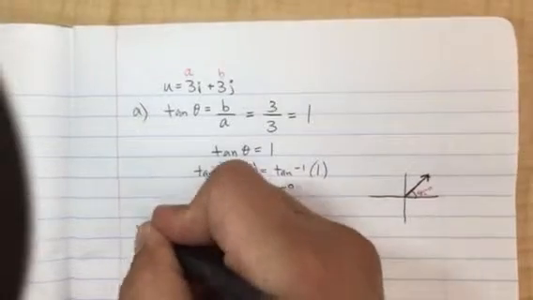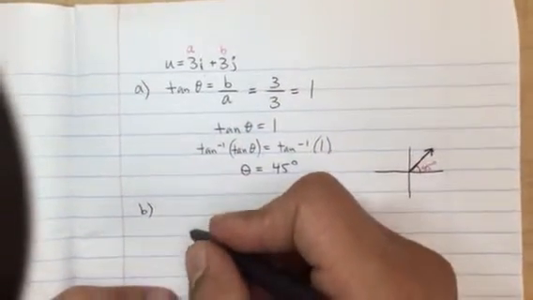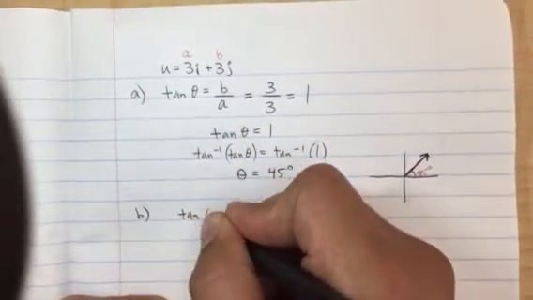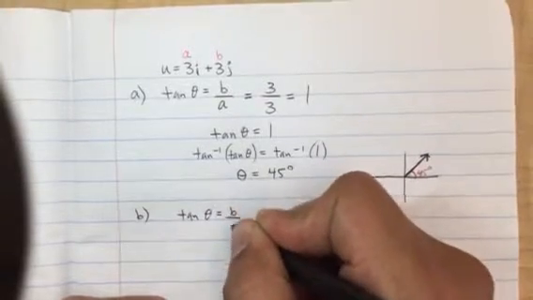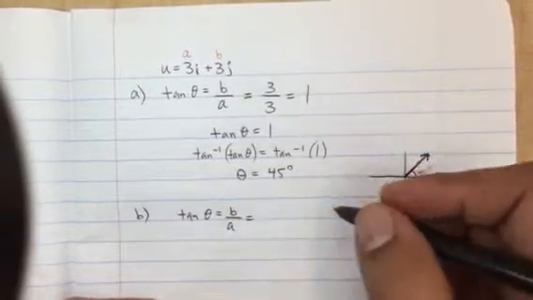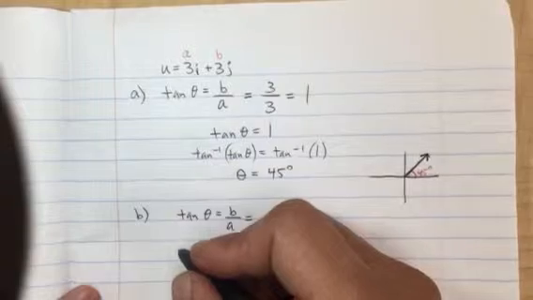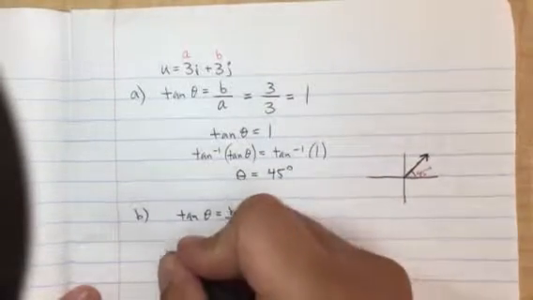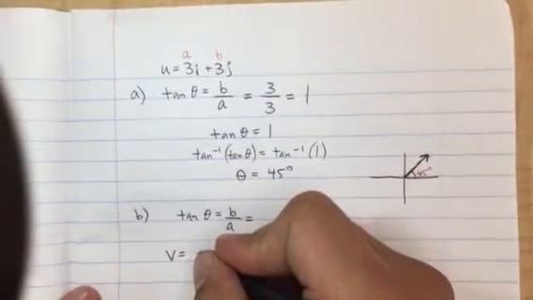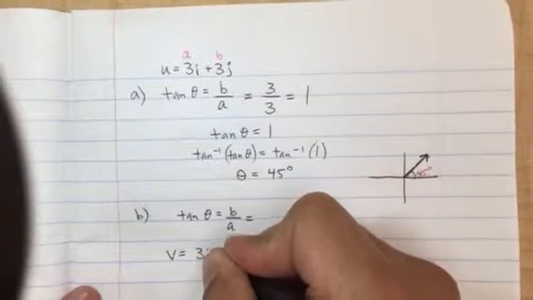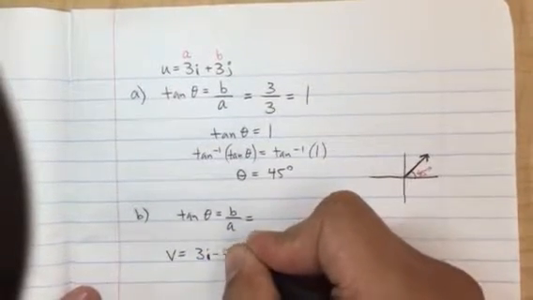Let's look at B now. So for B, we're going to use tangent of theta equals b over a. Remember that our vector for B is v equals 3i minus 4j.